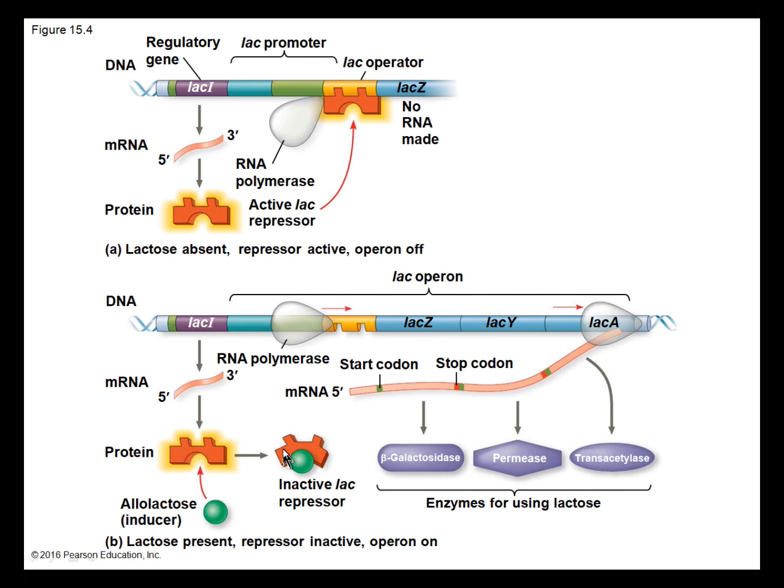Now it's inactive, so it cannot bind to the lac operator. Now RNA polymerase is free to go. They can transcribe all those genes, and they get translated into beta-galactosidase, permease, and transacetylase. These are necessary for the digestion of lactose, and it will be used by the bacteria as an energy source.